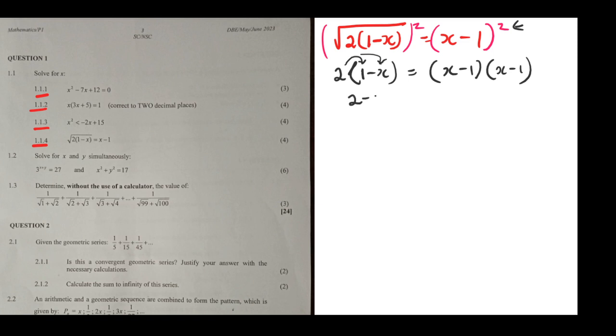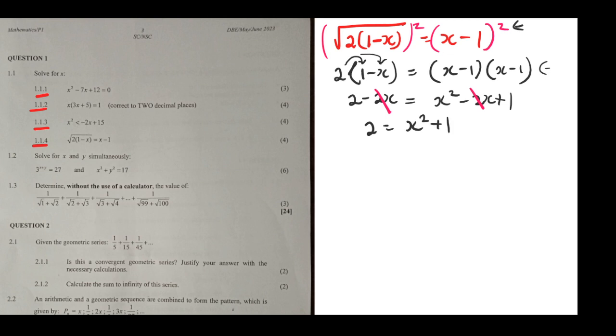We have 2 minus 2x equals, when you find the product, you're going to get x squared minus 2x plus 1. Then these will cancel out because they are both of the same sign. When you transpose 1, it's just going to cancel out. Then you remain with 2 equals x squared plus 1.